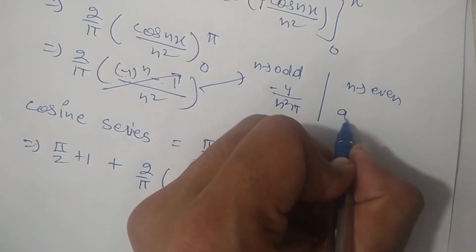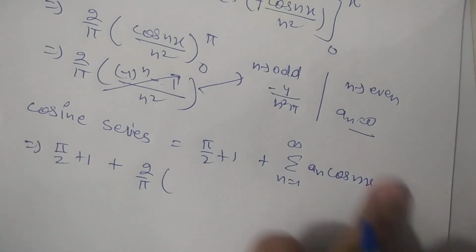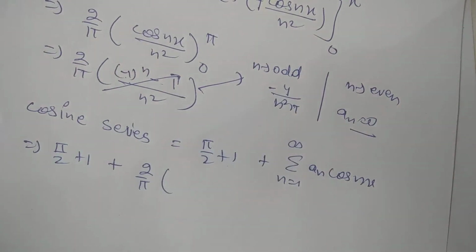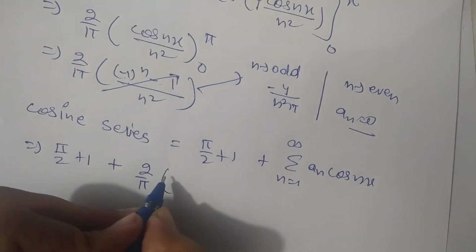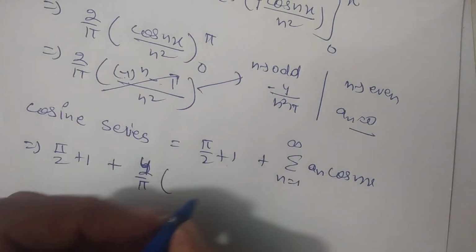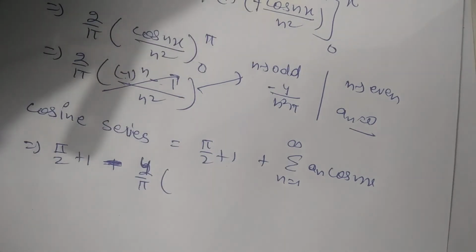So this value an will be 0. So no need to find the value for even terms. We will find only for n equals odd numbers. So this value will turn into minus 4 by pi, I will put it over there, that is minus 4 by pi.